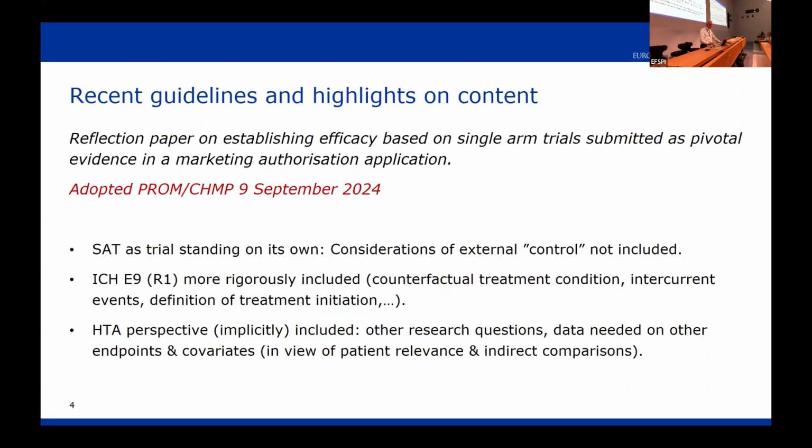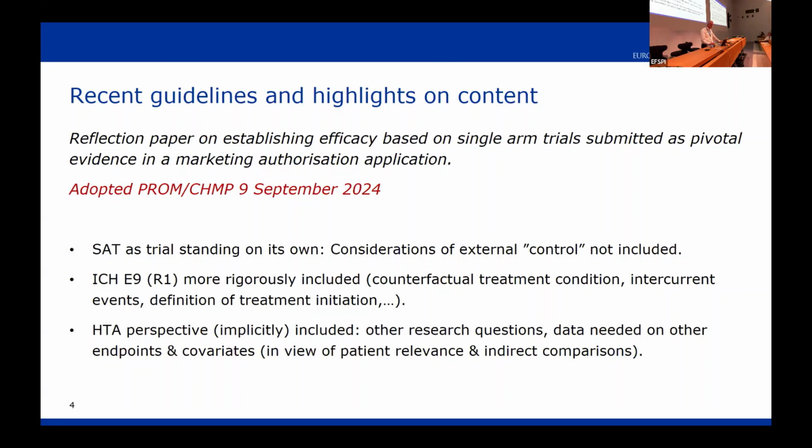What's the counterfactual you have in mind, but also something which would look obvious and easy, the definition of treatment initiation. Actually, it's not so easy. So you could say, well, following the estimand framework, treatment initiation is informed consent. If you look at a single-arm trial, that's not always the best choice. So implementing the estimand framework gave us the opportunity to be a lot more precise on some of these issues.